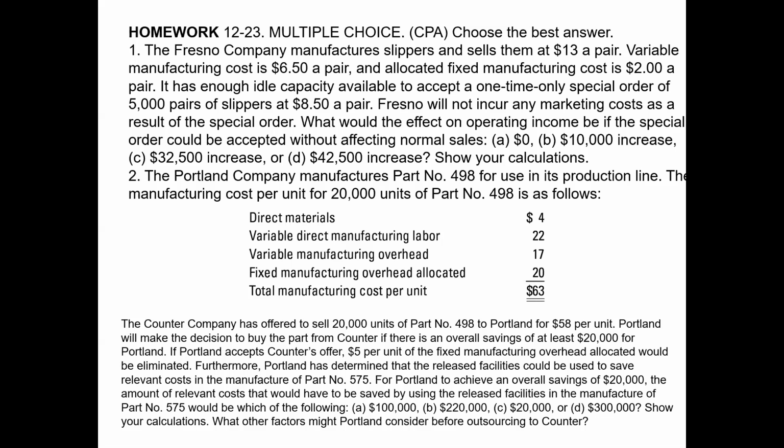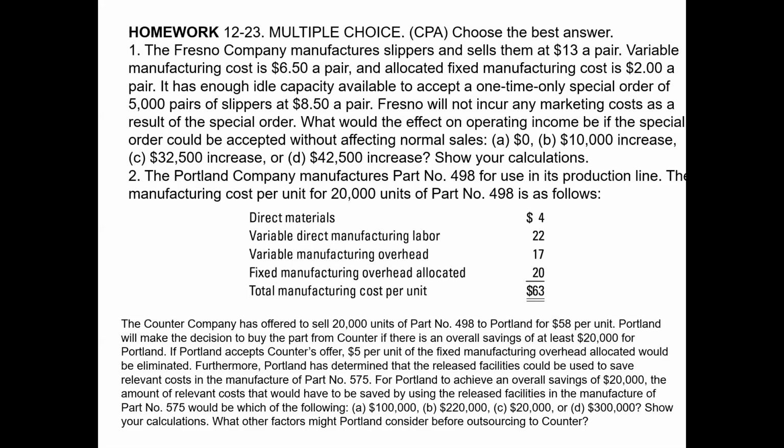Now, that allocated fixed manufacturing cost is done for costing purposes, but that $2 per pair that is allocated in total will not change whether or not we increase the number of units we produce and sell.